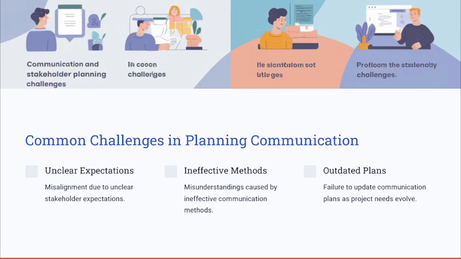Let's have a look at the common challenges in communication. Common challenges include misalignment due to unclear expectations, the use of ineffective communication methods, and failing to update the plans as the project evolves. Addressing these challenges requires regular audits, stakeholder engagement, feedback loops, and adaptive communication strategies.